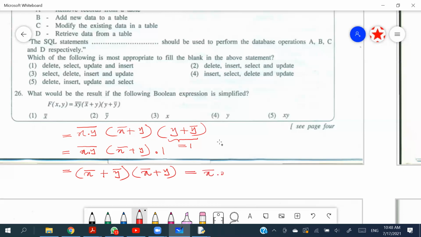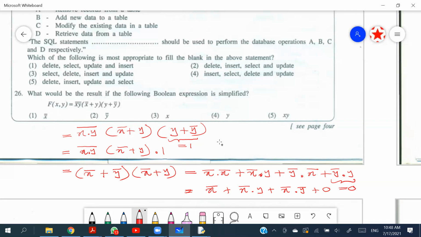So x bar into x bar plus x bar into y plus y bar into x bar plus y bar into y. Right? Y bar into y is definitely 0. And x bar into x bar gives x bar. So x bar plus x bar dot y plus x bar dot y bar. Then a plus 0 is there, so it will do no harm.